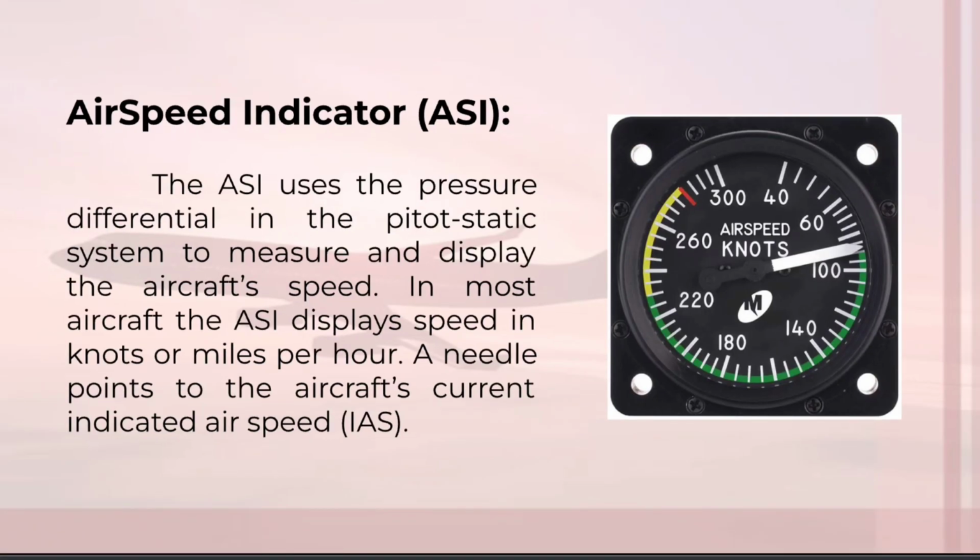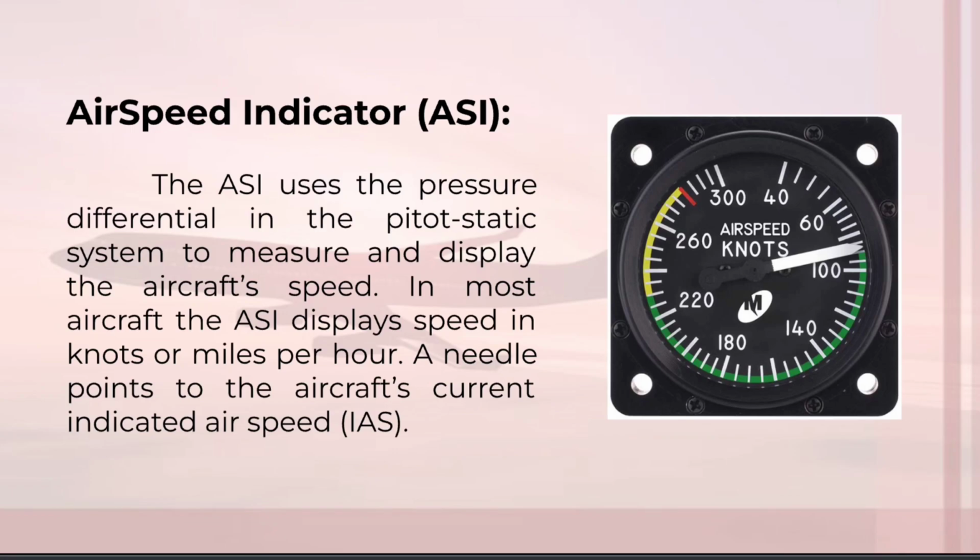Airspeed indicator. The airspeed indicator uses the pressure differential in the pitot-static system to measure and display the aircraft speed. In most aircraft, the airspeed indicator displays speed in knots or miles per hour. A needle points to the aircraft's current indicated airspeed.